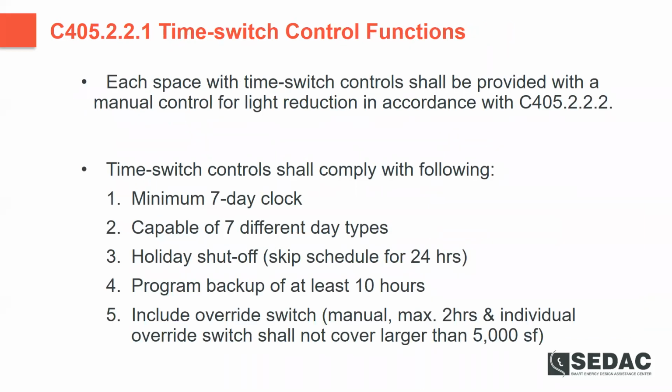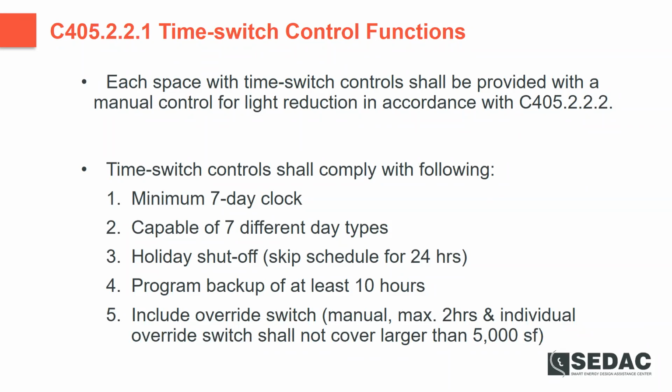Required controls for time switch must have a minimum 7-day clock capable of 7 different day types. It should have the ability to do holiday scheduling, so you can skip a schedule for 24 hours. Say we've got Christmas coming up and your office building is going to be closed. You don't want to be turning lights on when no one's there. The program should have a backup of at least 10 hours, a battery backup of some sort.